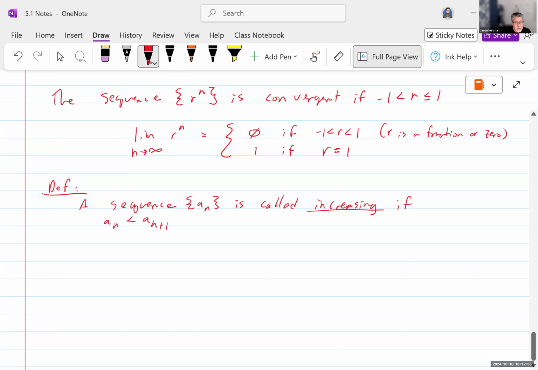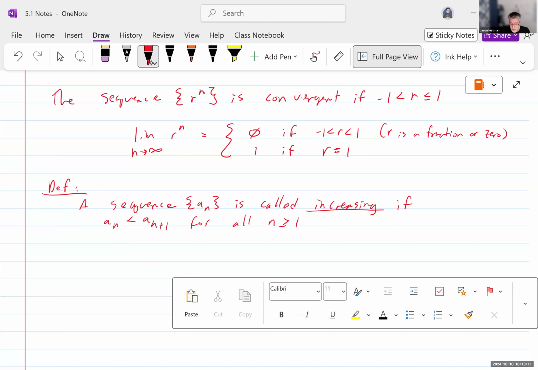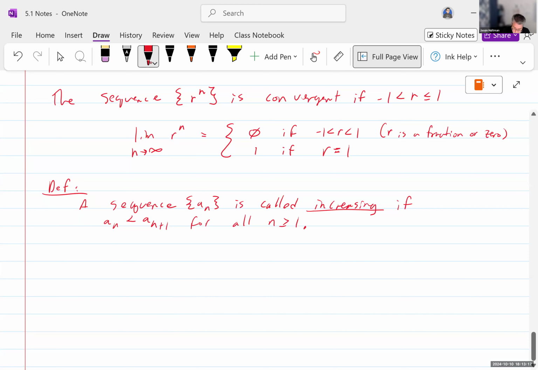So the previous term is less than the next term, and this is true for all terms, so it's called increasing.